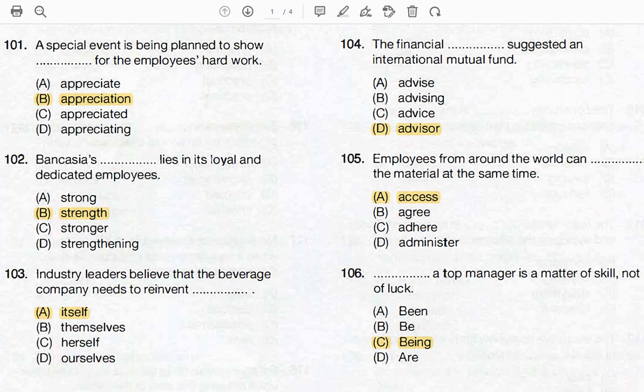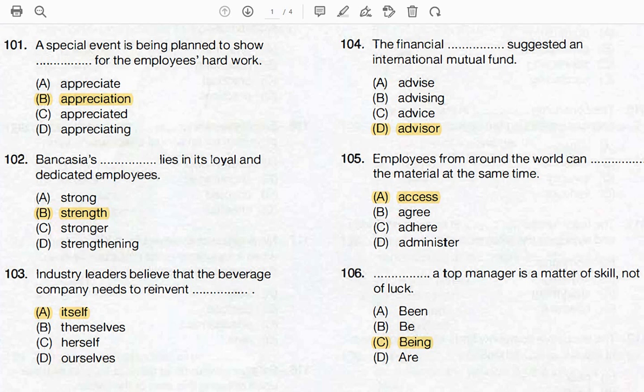Appreciation, this is the noun form, is needed here to tell what will be shown. That's the noun. Appreciate is a verb. You are not able to use a verb here.